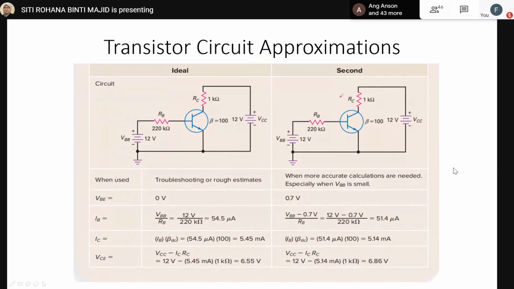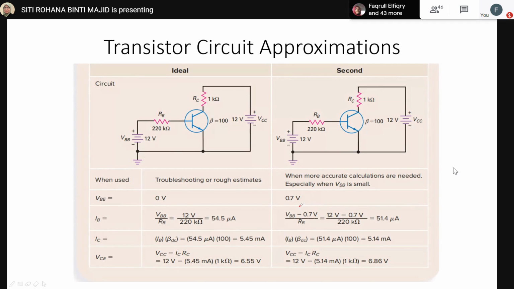Now we look at the second approximation, where we consider this as a practical diode or practical PN junction. So when we use a practical PN junction, we need to consider VBE on as 0.7 volt. This is for silicon; for germanium it is 0.3 volt.